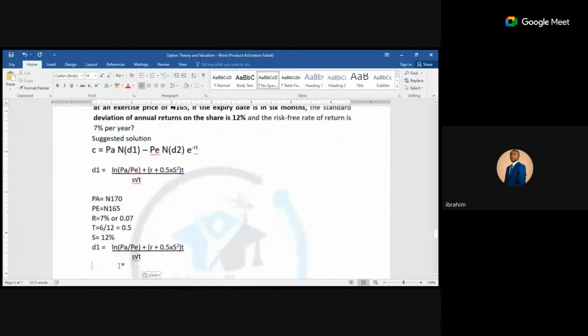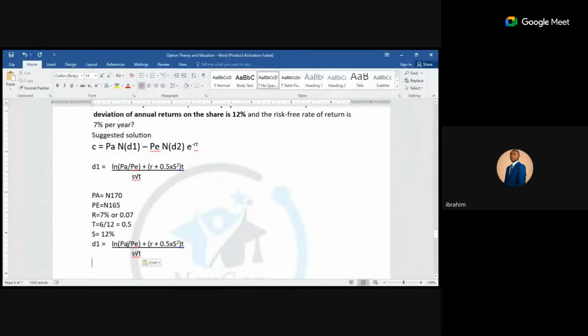D1 in PA 170 divided by 165. The R here is 0.07.